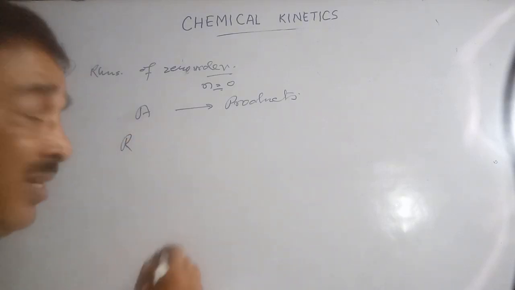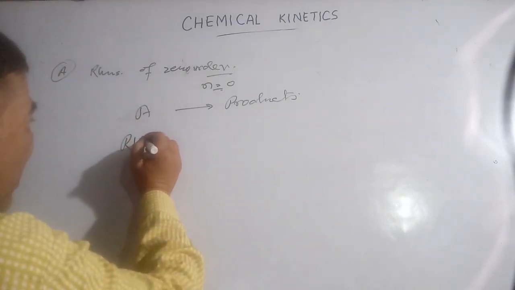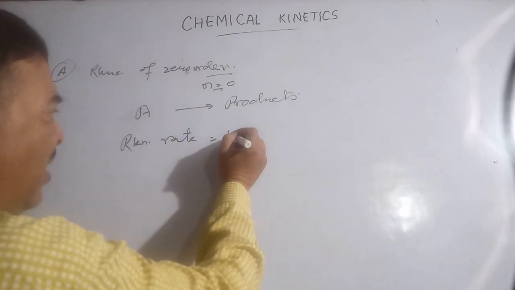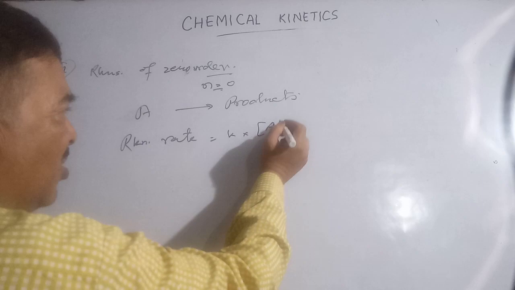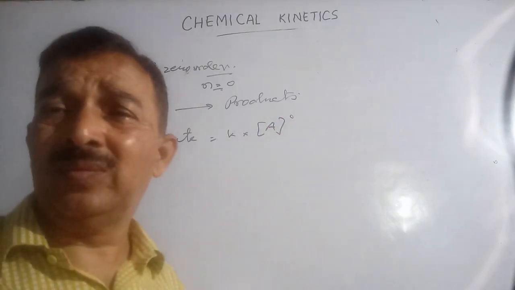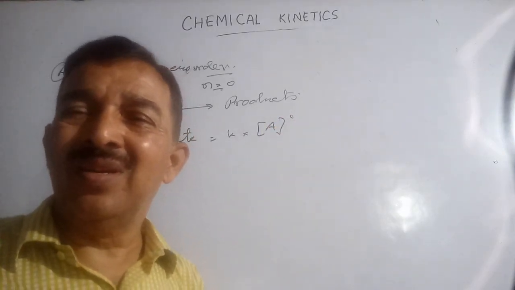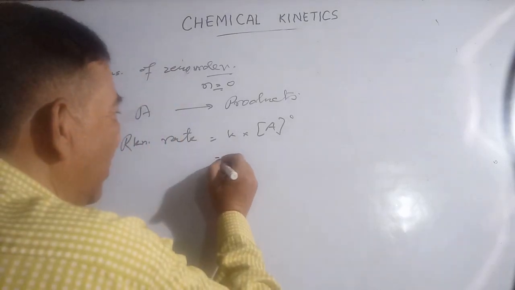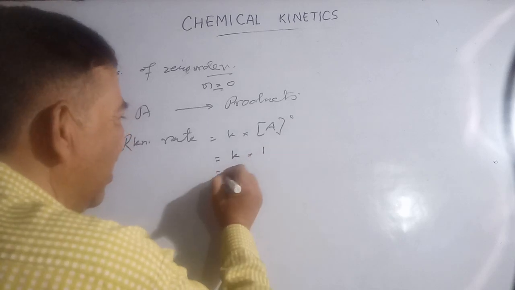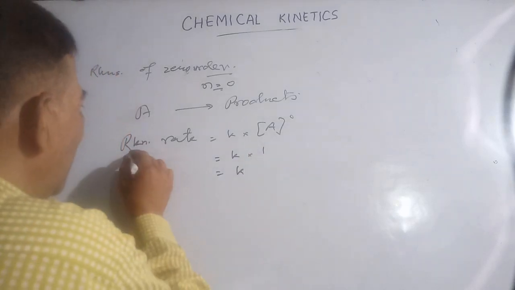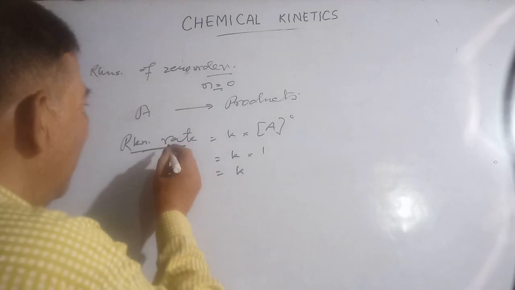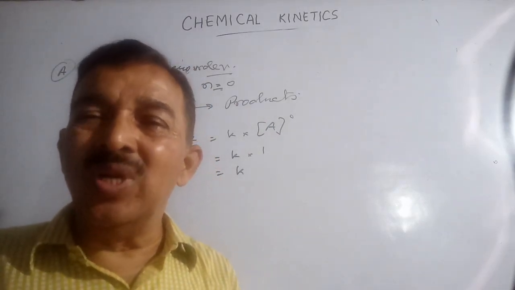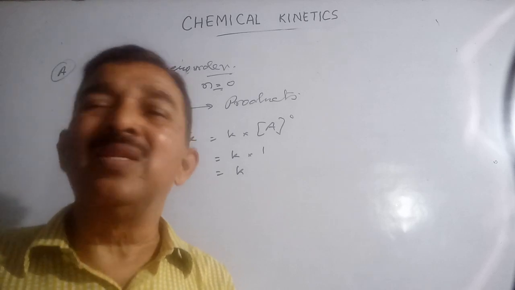As per the reaction rate law, the reaction rate is equal to K into molar concentration of A to the power 0. And we know that any number to the power 0 is 1. So that equals K into 1, that equals K. What does it mean? For zero order reaction, the rate is independent of the molar concentrations of the reactants.